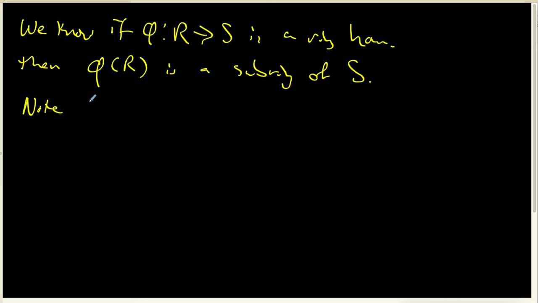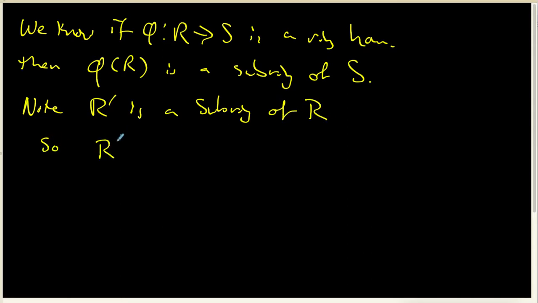We already know that R prime is a subring of the ring R. And so that says that R prime is a subset of R, and that R prime is a full-fledged ring under the same operations that R uses.